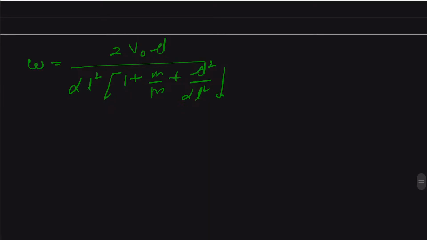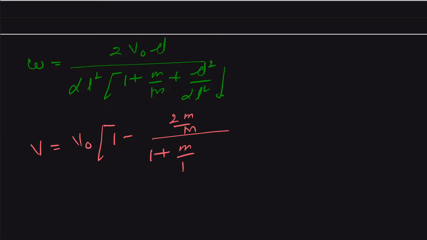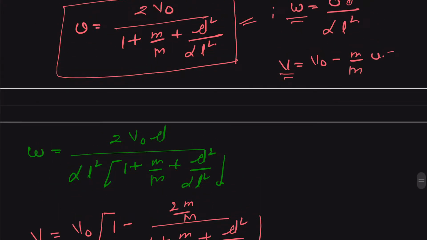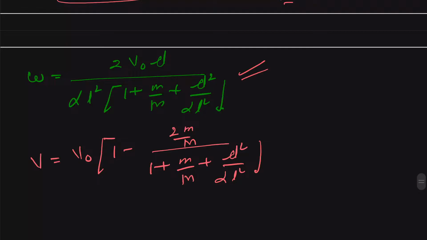And similarly capital V will be equal to v naught times (1 minus twice m upon capital M divided by (1 plus m upon capital M plus d square upon alpha L square)). So these are the velocity of the center of mass after collision, the angular velocity, and the velocity of the ball after the collision, which were asked in the question.